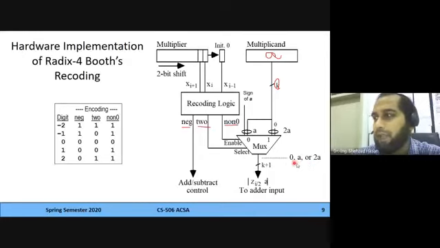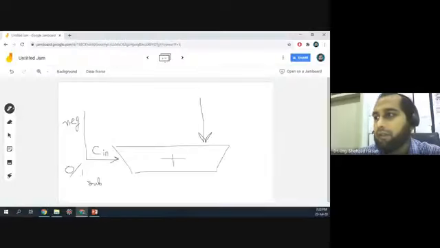So for A, 0A or 2A, what you need here is something similar to what we drew earlier, another multiplexer which is going to get these values coming from that point, and their inverted forms.